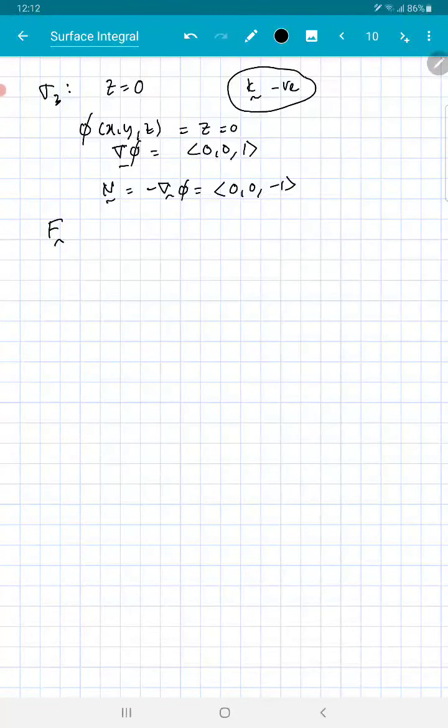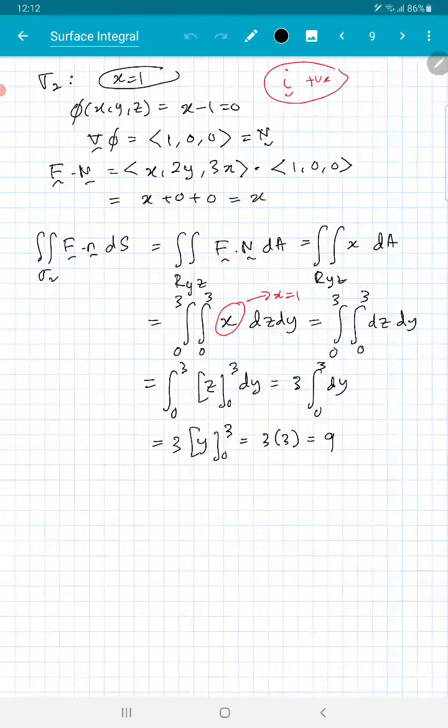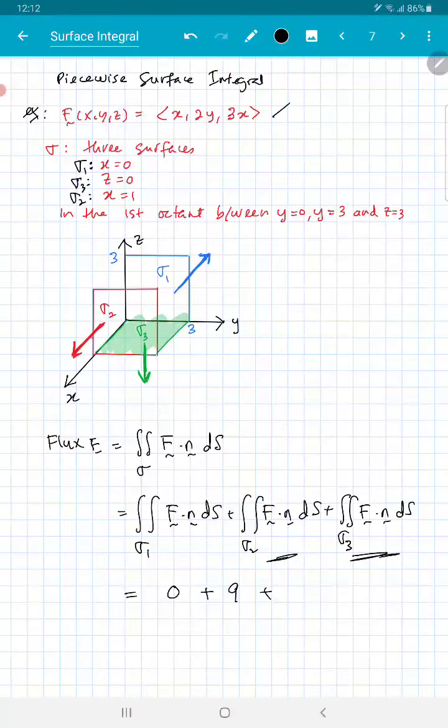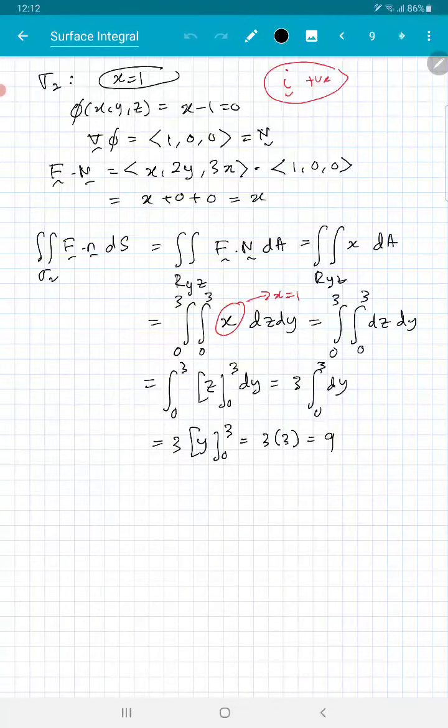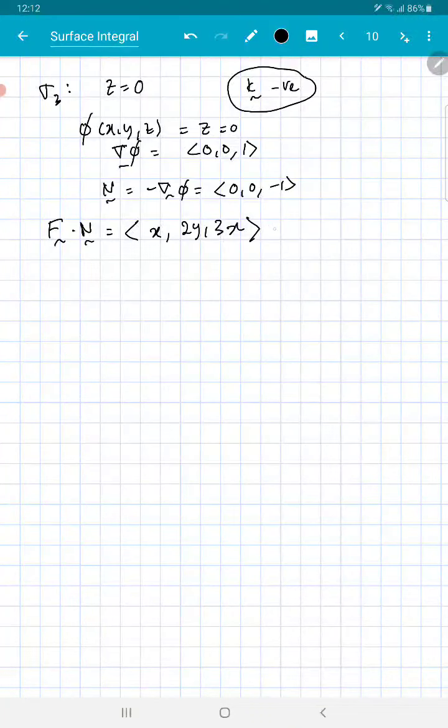Now let's evaluate F dot n. F is xi plus 2yj plus 3xk, if I'm not mistaken. And the normal vector to our surface sigma is 0i, 0j, minus 1k. So we get 0, 0, minus 3x.